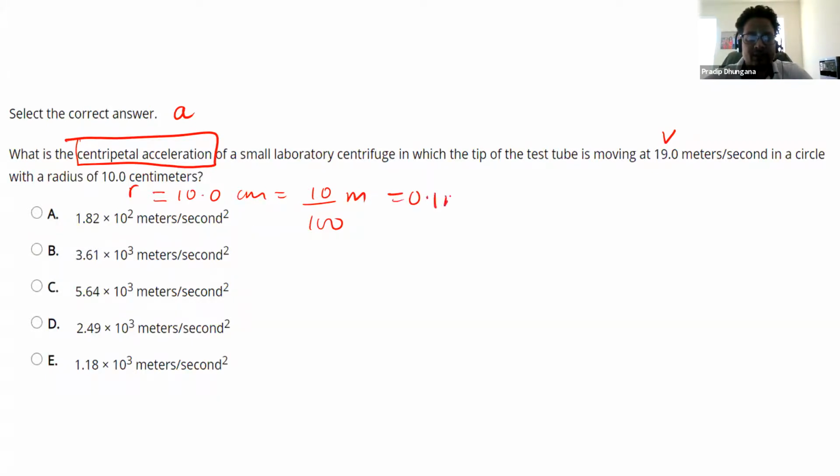That is 0.1 meter. Now I'll write the formula to calculate centripetal acceleration. Centripetal acceleration is equal to v squared over r. v is the magnitude of the velocity, and r is the radius. Use that formula, plug in those values, and answer this question.